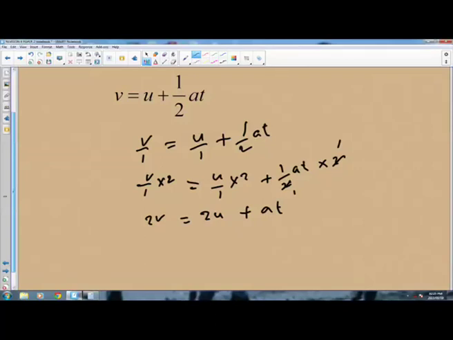And we are to make A the subject of the formula. So at this stage, we take all the terms which don't contain the variable A to one side of the equal sign, and those with the variable A will remain on the other side. So this simply means we will have 2V minus 2U equals AT.